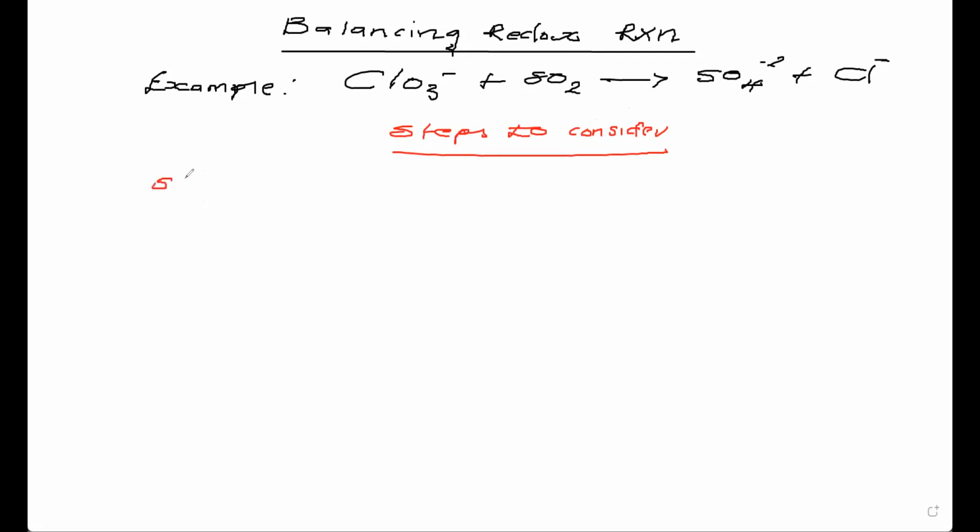So let's begin with step 1. Step 1 says, write the two half reactions. From the given equation, you need to derive your own half reactions. That is, you need to come up with a reduction reaction as well as the oxidation reaction.